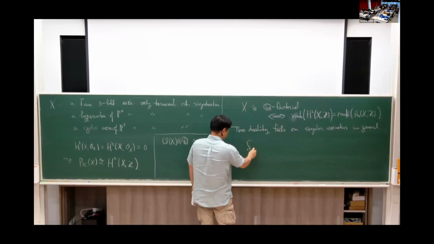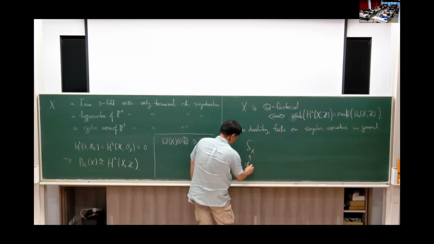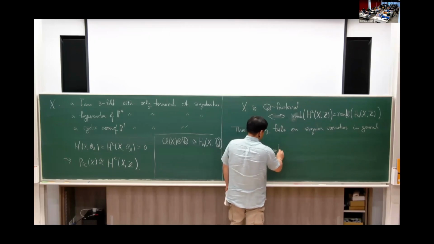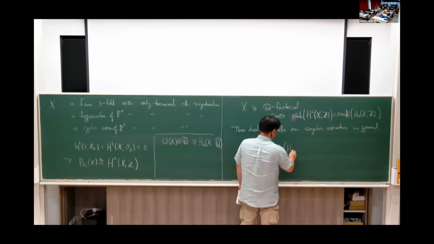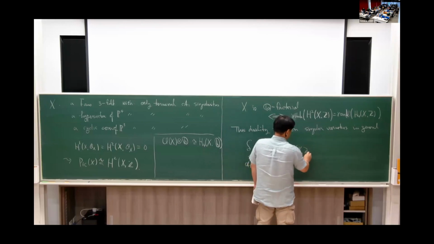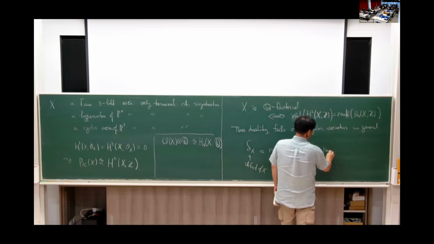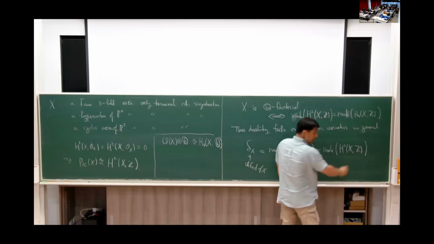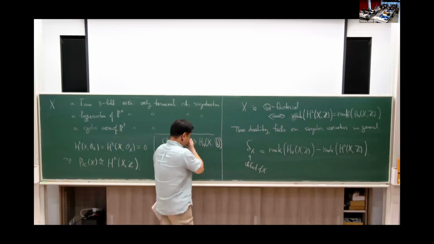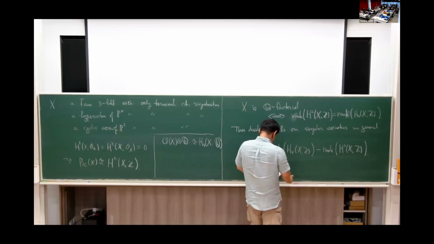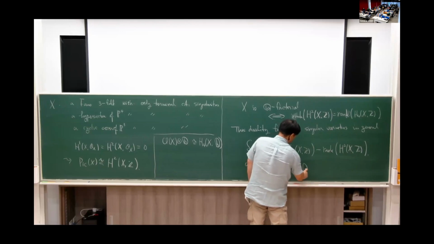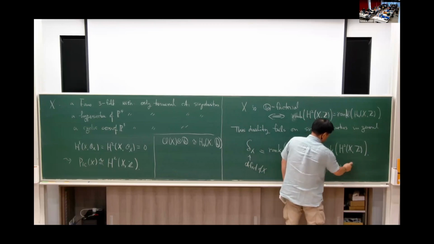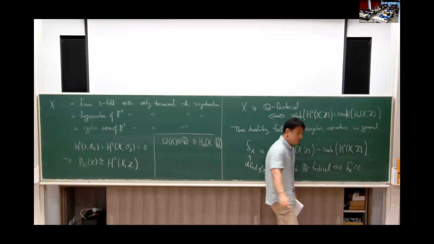This number is called the defect of X, which is given by the length of H4 minus the length of H2. With this notion, we can say X is Q-factorial if and only if this defect is trivial.